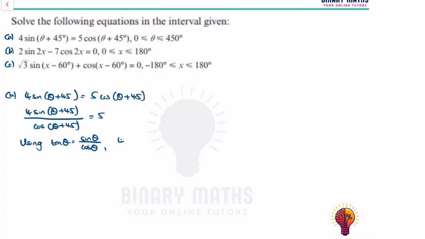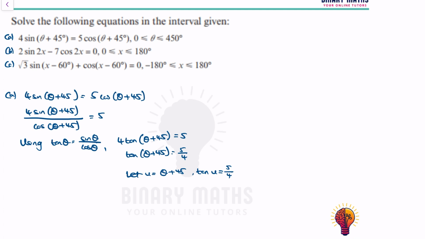So it's going to be the same thing as 4 tan of theta plus 45 is equal to 5. Which means tan of theta plus 45 is equal to 5 over 4. So we need to let u be equal to theta plus 45. Then we have tan of u is equal to 5 over 4.